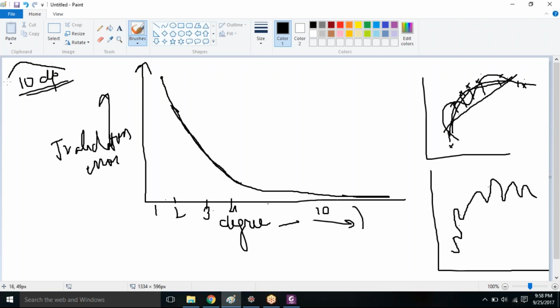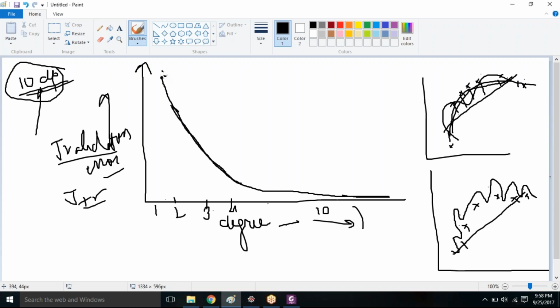Now on the validation data set, here I am considering both the training data set and the validation data set. On these particular 10 data points which were not included in training, like here, here, here, here, what you will find is that initially when it was a line, the error will be high.